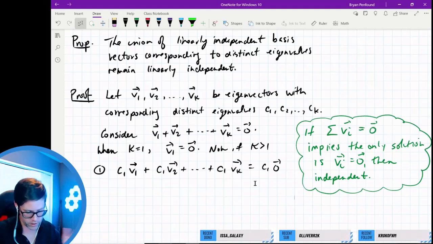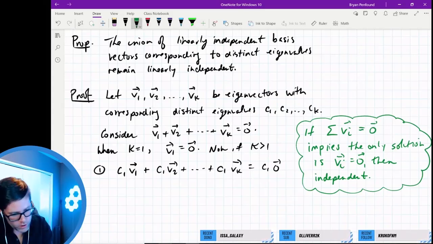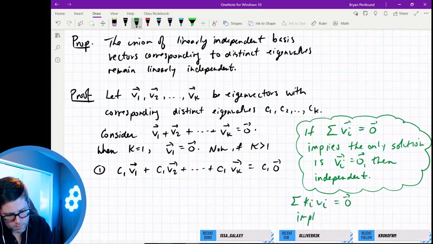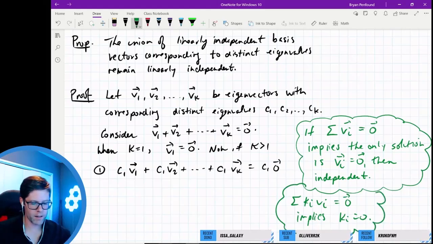It feels equivalent to me to if I have a sum of ki vi equal to 0, this implies all of the ki's are equal to 0. It feels equivalent to me, but I'm happy to be corrected if I'm wrong.